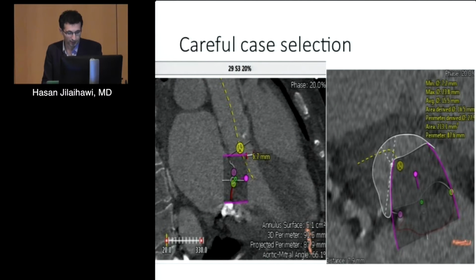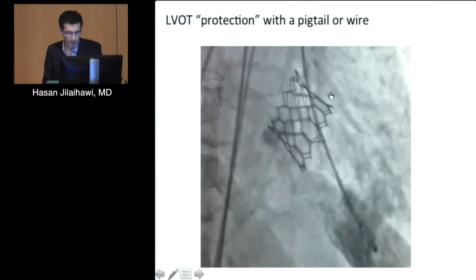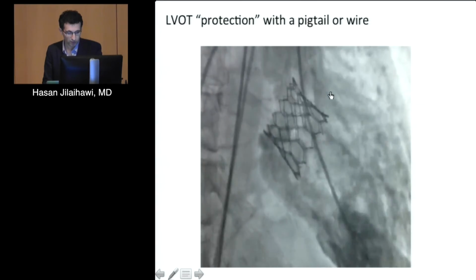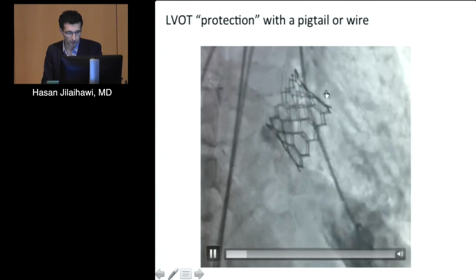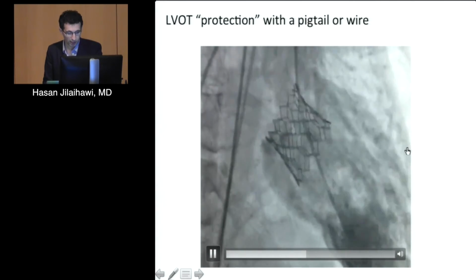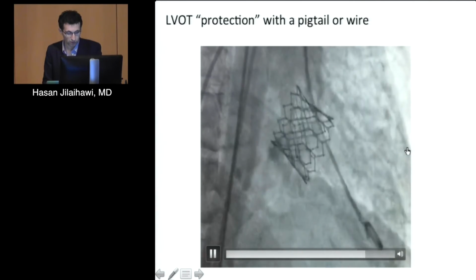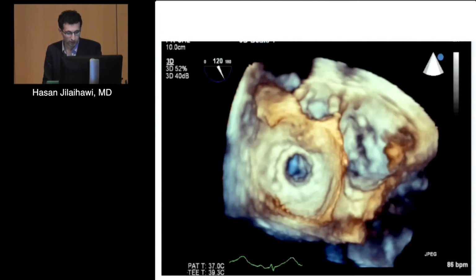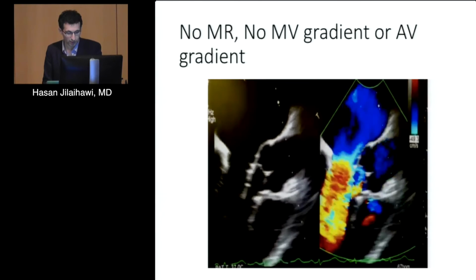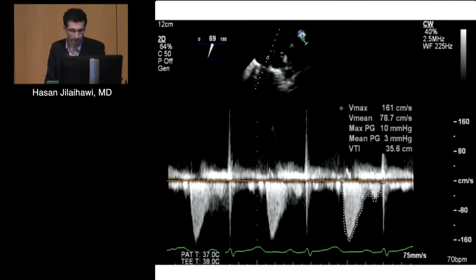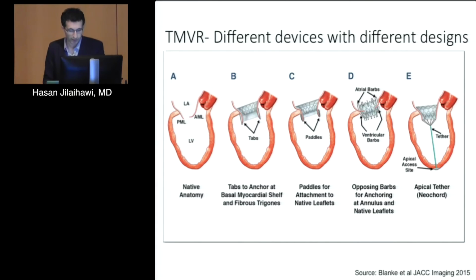We selected the case carefully, looking at the neo-LVOT, and we thought it was going to be good with a predicted neo-LVOT area of 2. And here you can see the final result with a good distance in the LVOT and excellent function of the prosthesis. Here you see 3D echo, and here you see the transesophageal echo Doppler with a very low mitral gradient.